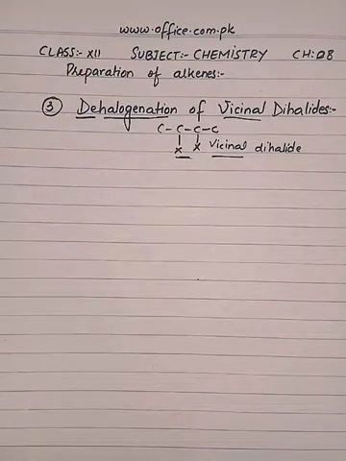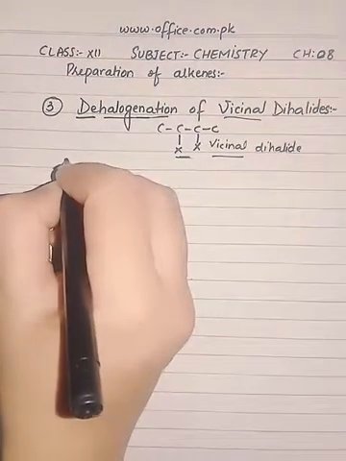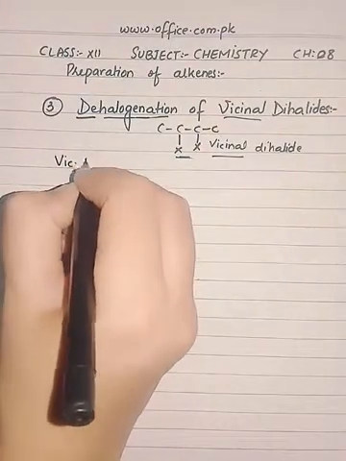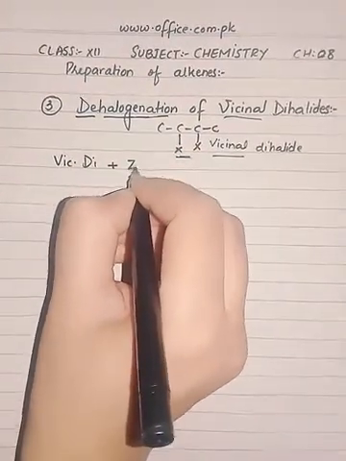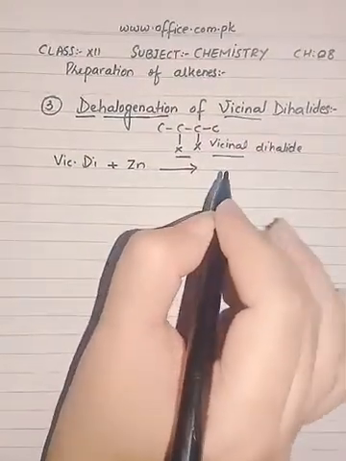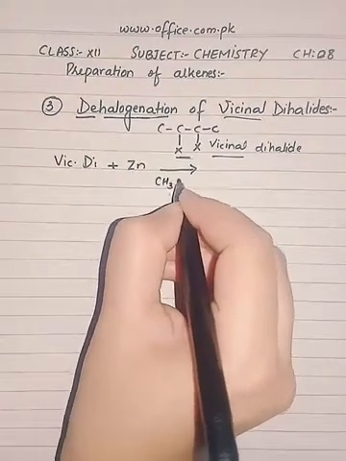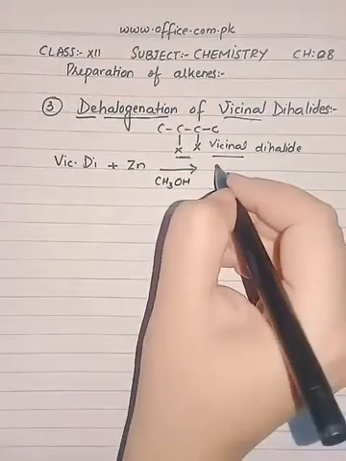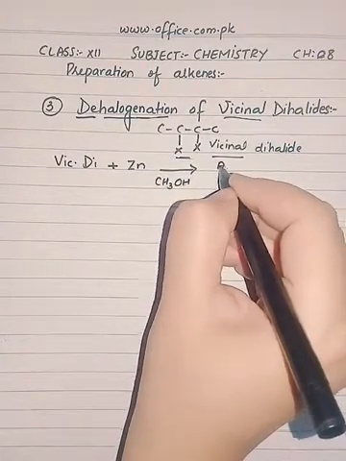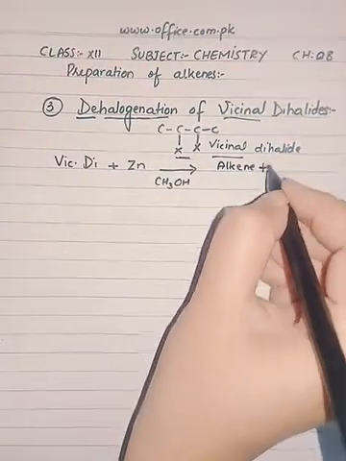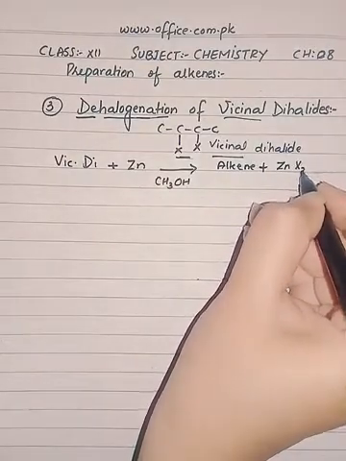Dehalogenation will occur when a dihalide is treated with zinc dust in an anhydrous solvent like methanol or acetic acid, which means that vicinal dihalide will be treated with zinc in the presence of any anhydrous solvent such as methanol or acetic acid, and it will result in the formation of alkene plus zinc halide.